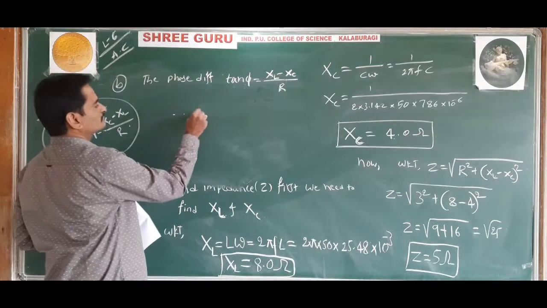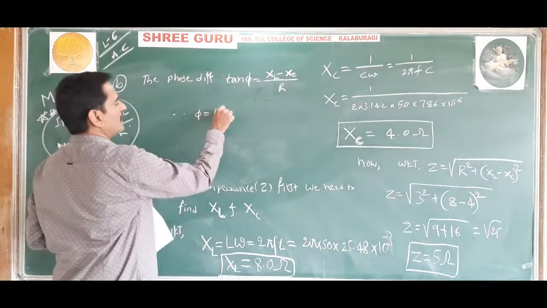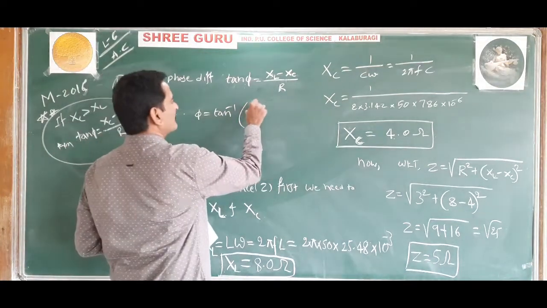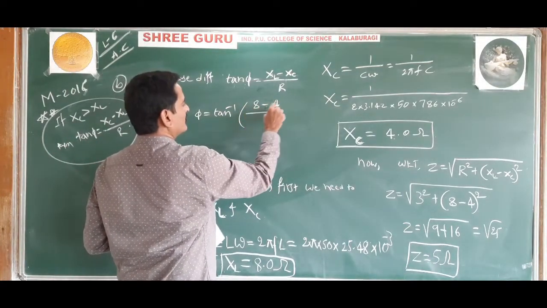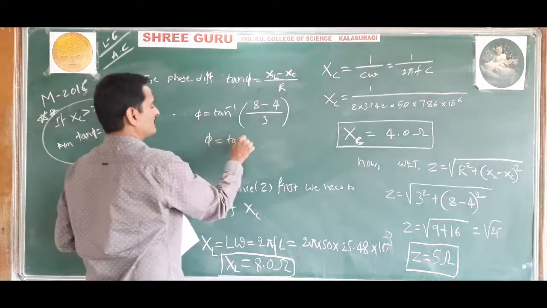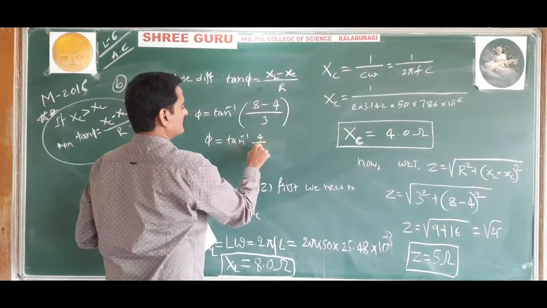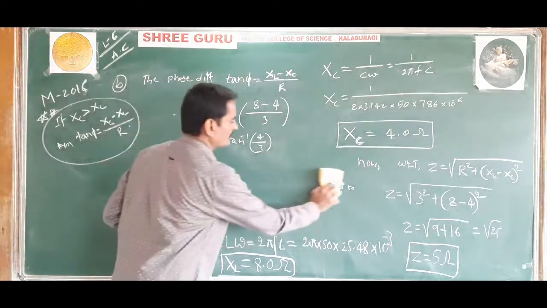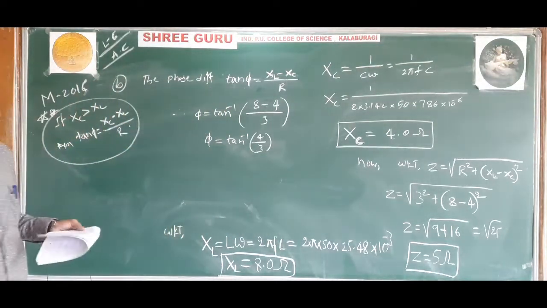So therefore, phi is equal to tan inverse of XL minus XC, that is 8 minus 4, divided by R, which is 3. So phi is equal to tan inverse of 4 by 3. So tan inverse of 4 by 3 will come to be how much degree?